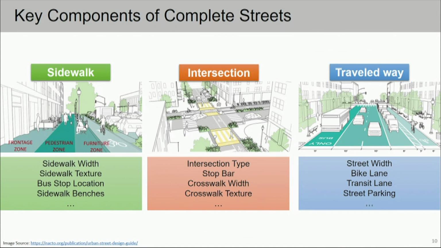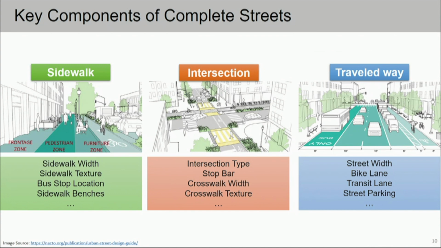ESRI developed these rule-based complete street rules that are included in City Engine. To get a sense of how to organize it, you can look at it in three categories. First, the objects or variables associated with the sidewalk: several zones like the furniture zone, the pedestrian zone, and the frontage zone, plus variables like sidewalk width, sidewalk texture, bus stop location, and so on.